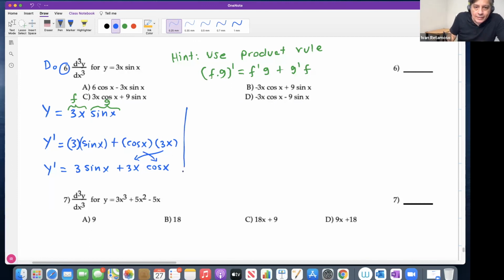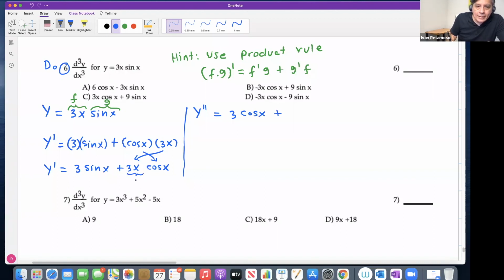So far, so good. Now, for the second derivative, we're going to do this again. We're going to take the derivative of this derivative function. If we start with the derivative of this guy, that would be 3 times the derivative of sine, which is just cosine of x. The difficult part is here because here is a product again.